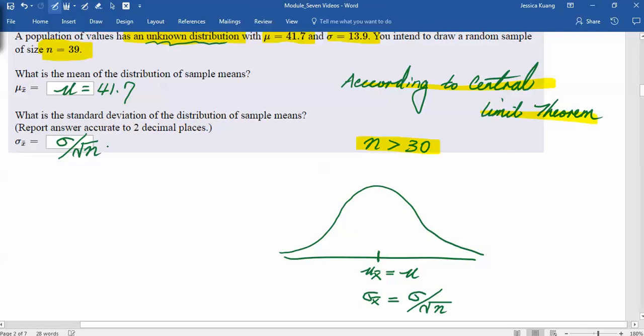Equals the standard deviation of my original population divided by the square root of sample size. So in this case, it equals 13.9 divided by the square root of 39.